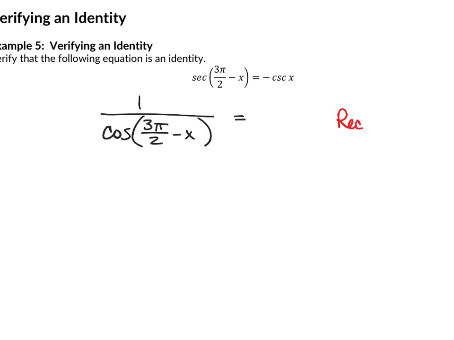Why didn't you just put 1 over cosine and then multiply next to it? Say that again, I missed your question. 1 over cosine and then in parentheses 3 pi over 2 minus x. Instead of them all under them. Oh, I understand. You're saying, why did I not just do this? Well, remember, the stuff in that parentheses is not multiplied by secant.